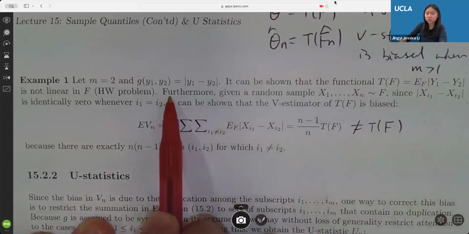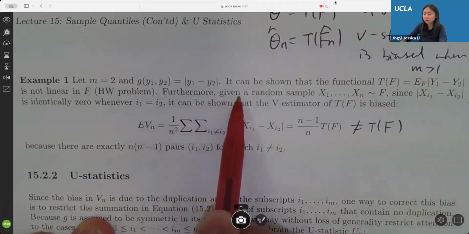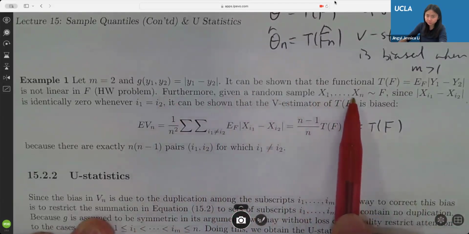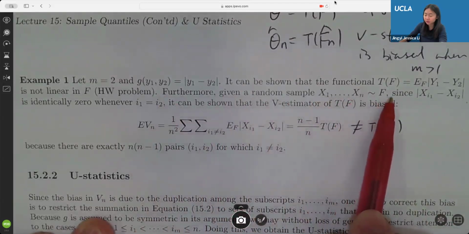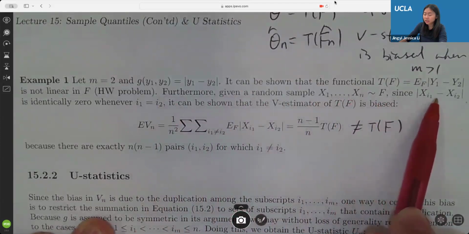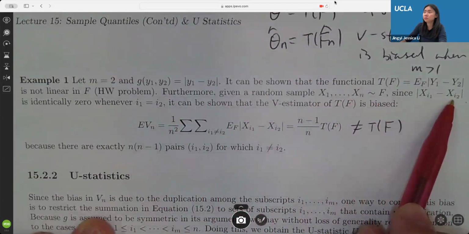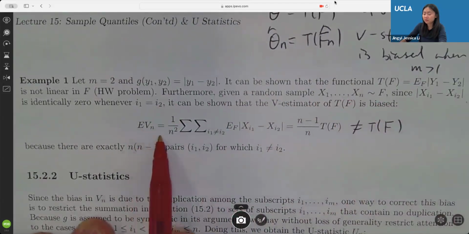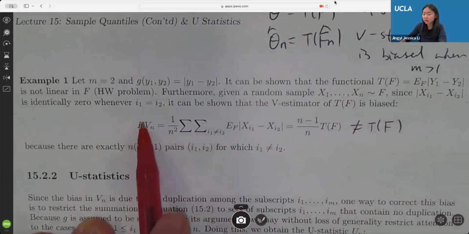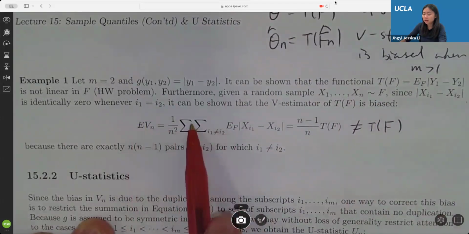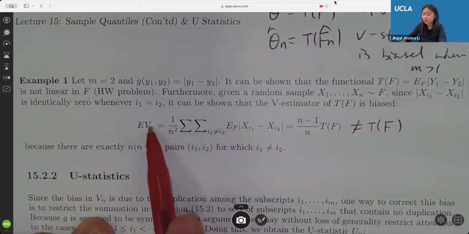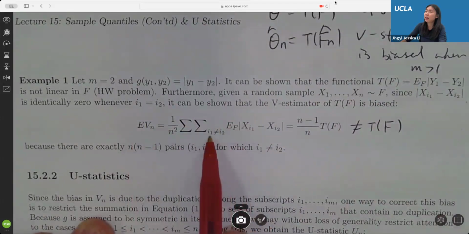Furthermore, given a random sample x1 to xn from this F, since g is identically 0 if i1 equals i2, when you calculate V_n and its expectation, what's non-zero in V_n are only the terms where i1 and i2 are not equal, right?